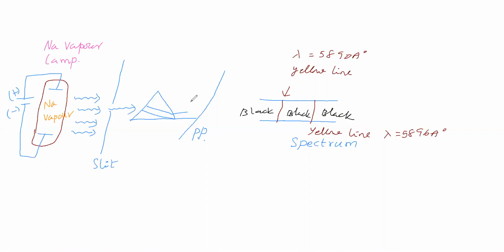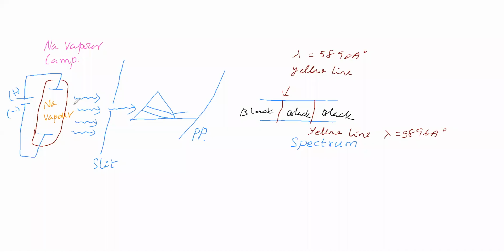Now you say that here the 5890 angstrom yellow line is present, or not? That means yellow color was emitted. Yellow color fell over here. From where did it come?